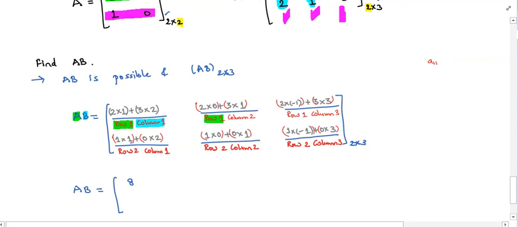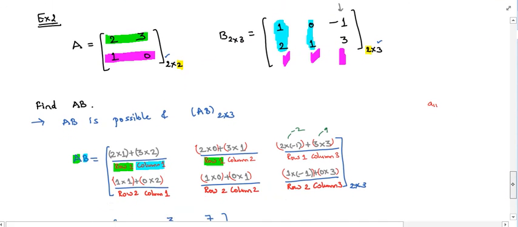Here 1 multiply 1 gives 1 and 0 multiply 2 gives 0, so it is 1. Similarly, we find these elements: 3, 0 gives minus 2, and this gives 9. Minus 2 plus 9 gives 7. And this gives minus 1. So this is the matrix multiplication AB.